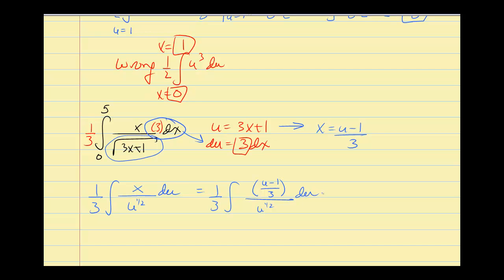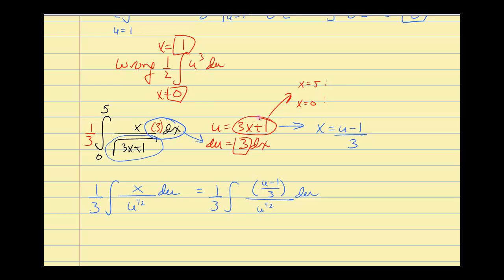So I think on this one, I'm going to go ahead and change my limits of integration. I don't have to. If I wanted to, I could rewrite this and get to my solution and change back to x and evaluate it from 0 to 5. But I usually find that it's easier to change my limits of integration. So let's go ahead and look at changing the limits of integration. So again, x equals 5 is my upper, x equals 0 is my lower.